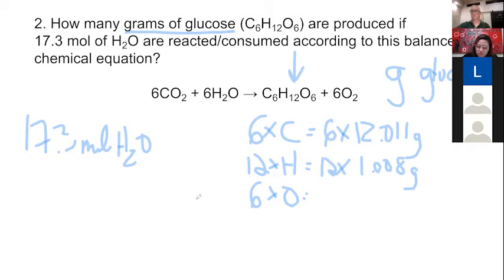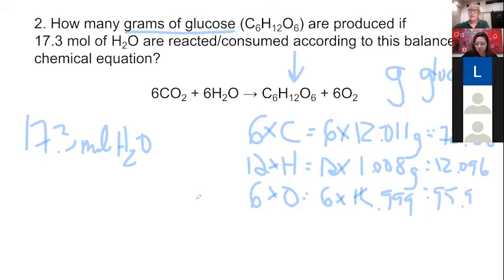And then oxygen, one I've memorized, 15.999. So then we just do the calculations, which I have done already. 72.066, you can double check my math, 12.096, and 95.994.